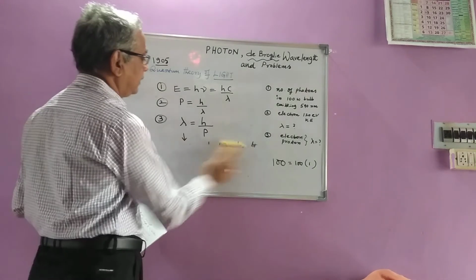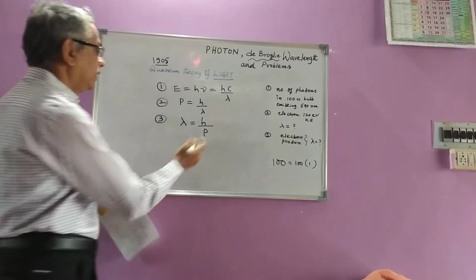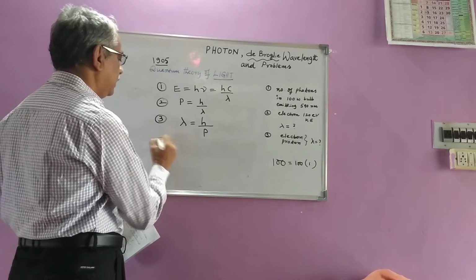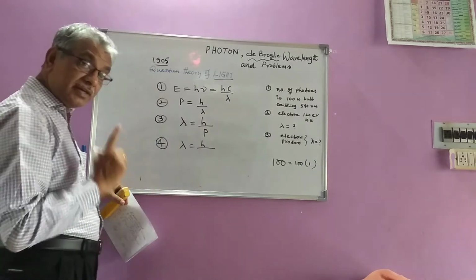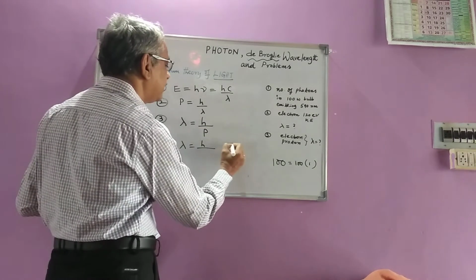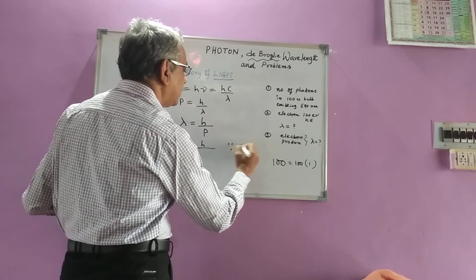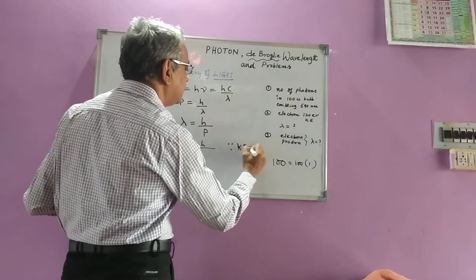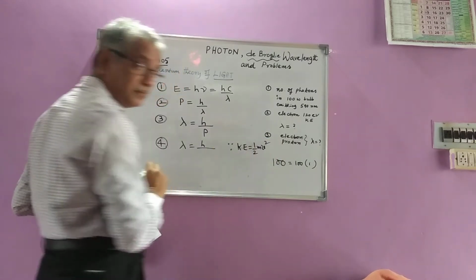Now, this momentum can be written in terms of kinetic energy because we have got a formula. Kinetic energy is equal to half mv square.